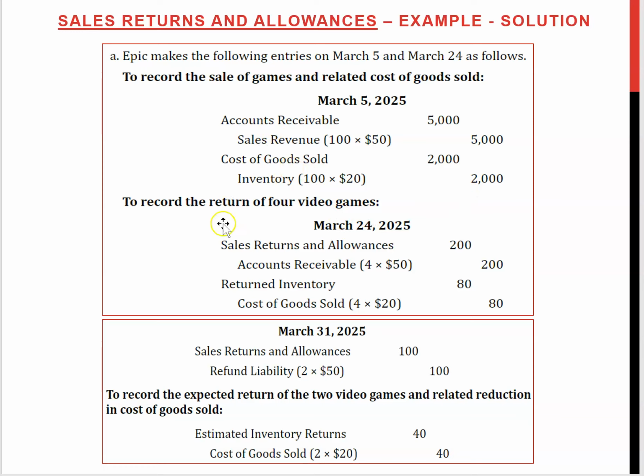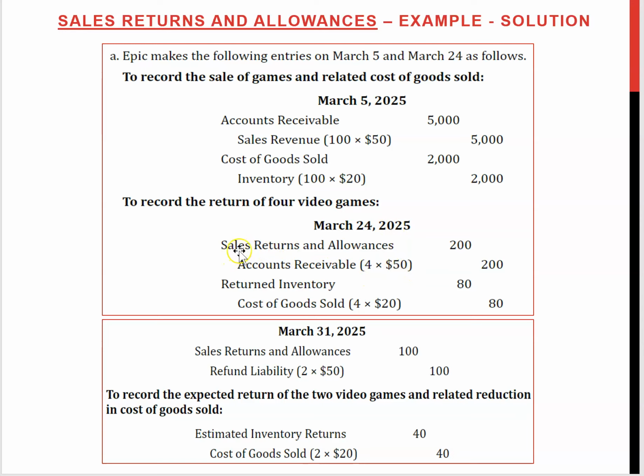Now, this is the sales return journal entries. If you haven't done it in any course, remember sales return is a contra sales revenue. So it reduces your sales revenues. So sales return is a debit item. On March 24, 4 games were returned.